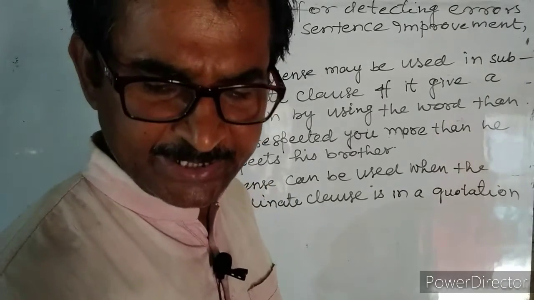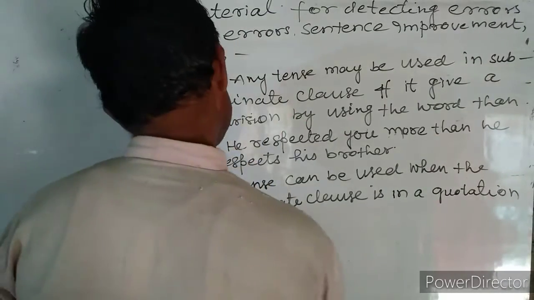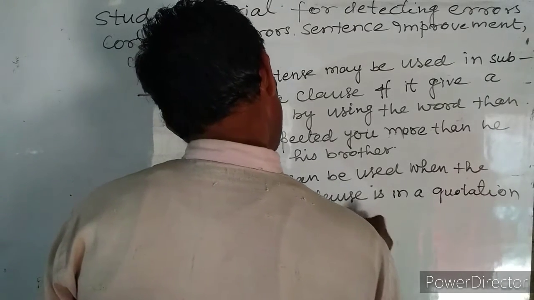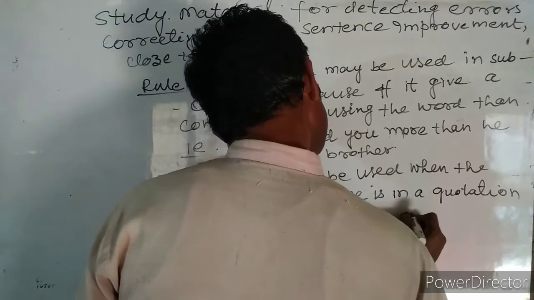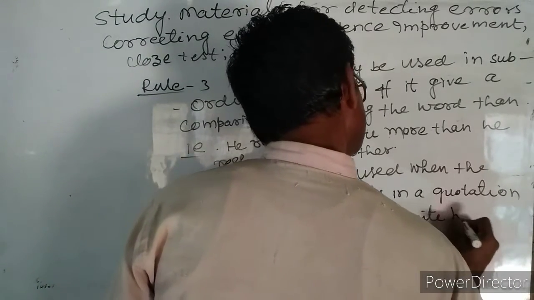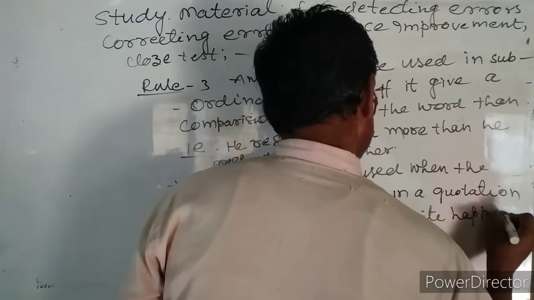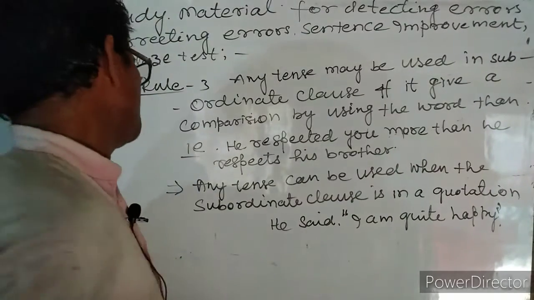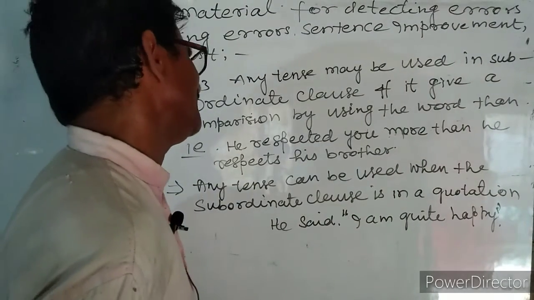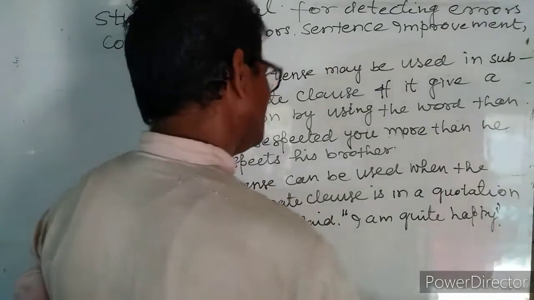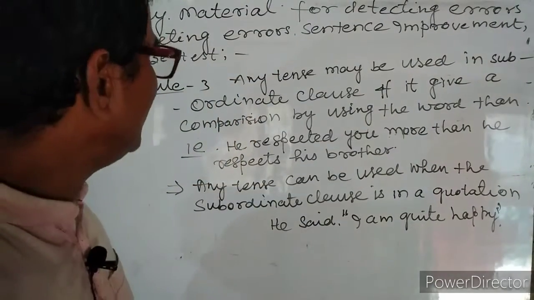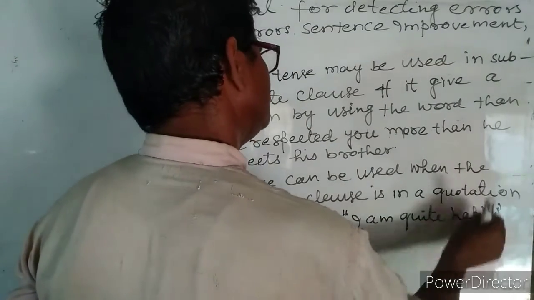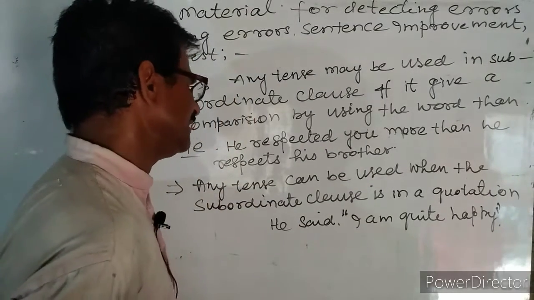For example, he said, I am quite happy. He said, inverted comma, I am quite happy, inverted comma close, full stop. एनी टेंस कैन बी यूज्ड व्हेन द सबऑर्डिनेट क्लास इज इन ए कोटेशन. अगर मेरा सबऑर्डिनेट क्लास आई एम क्वाइट हैप्पी एक कोटेशन में है, तो यहाँ किसी भी टेंस में हम इसको लिख सकते हैं, प्रेजेंट में या पास्ट में.